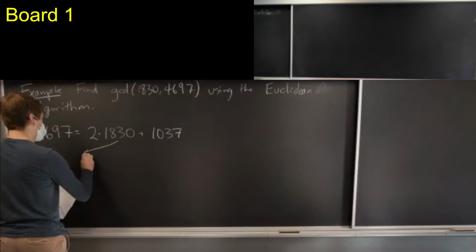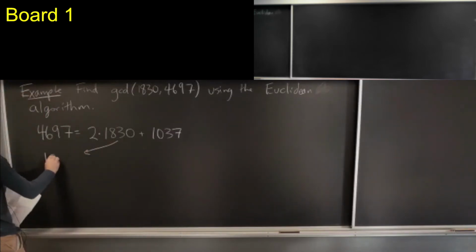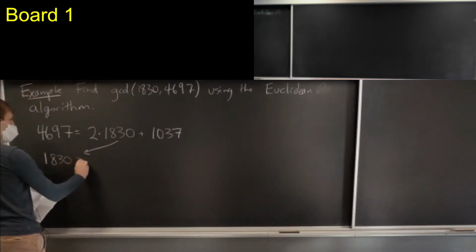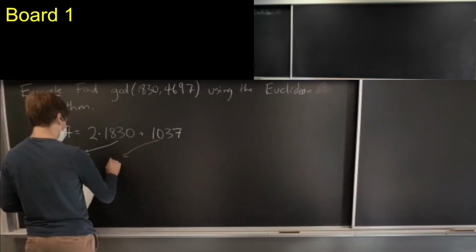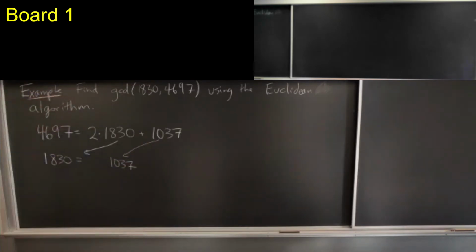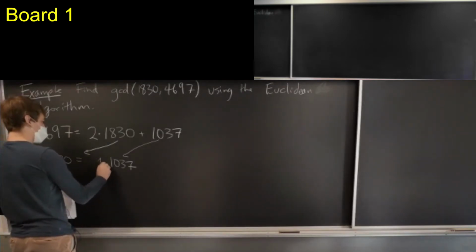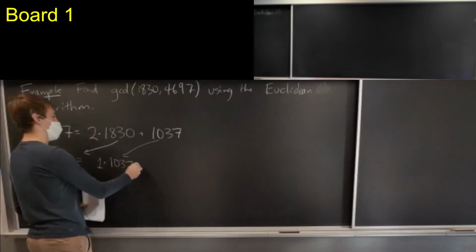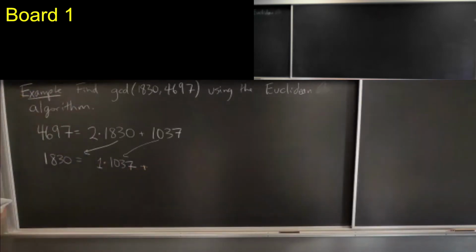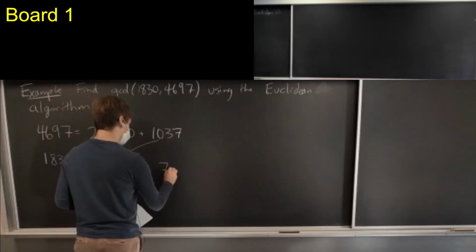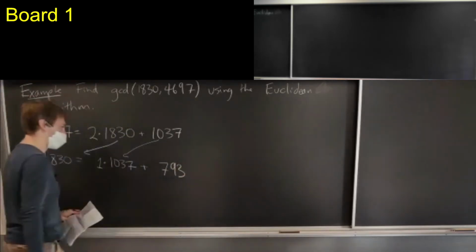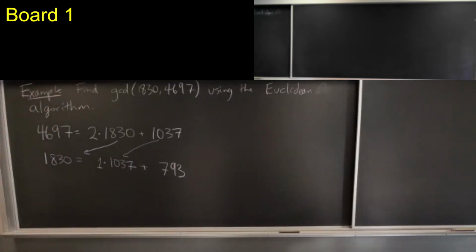So the way the algorithm works is now I slide this over, and I slide this over. And again, we try to find the quotient and the remainder. This time, the quotient is just 1. 1037 goes in once, and what's left over is 793.